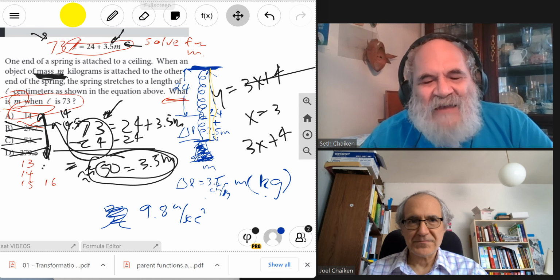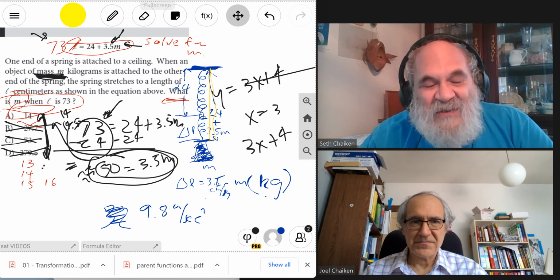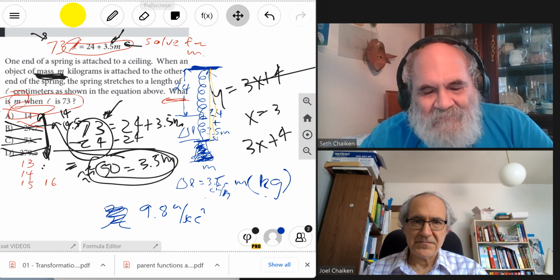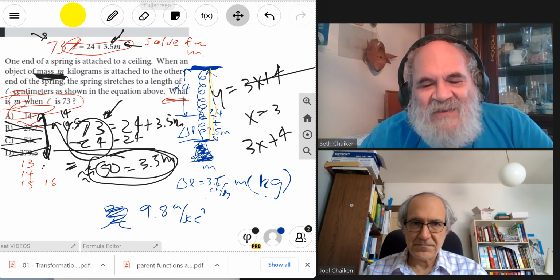What's cool about gravity is that it accelerates an object at a rate that is independent of the mass of the object.